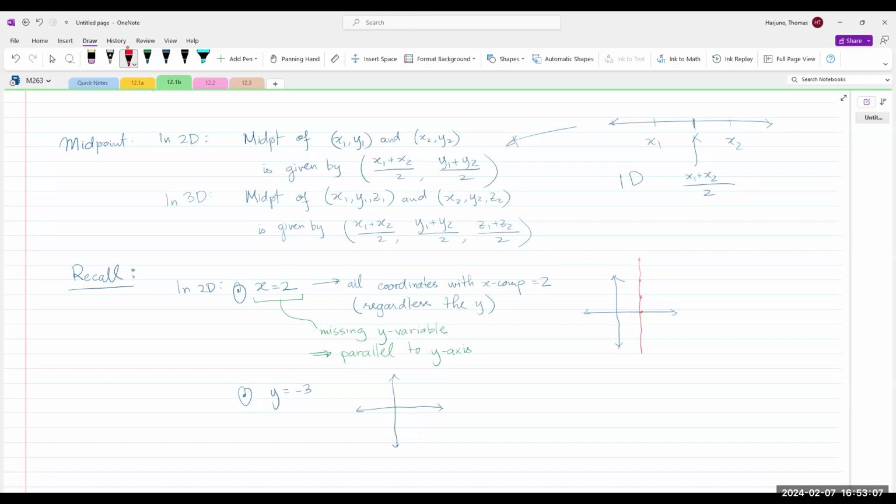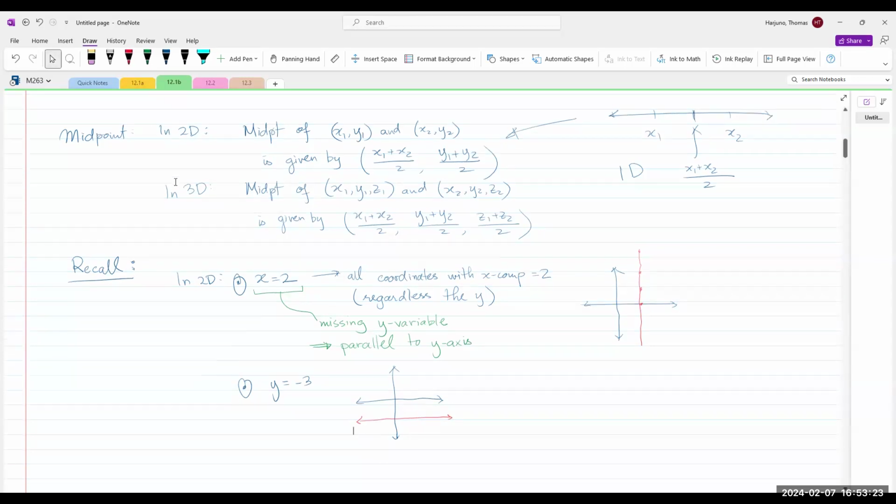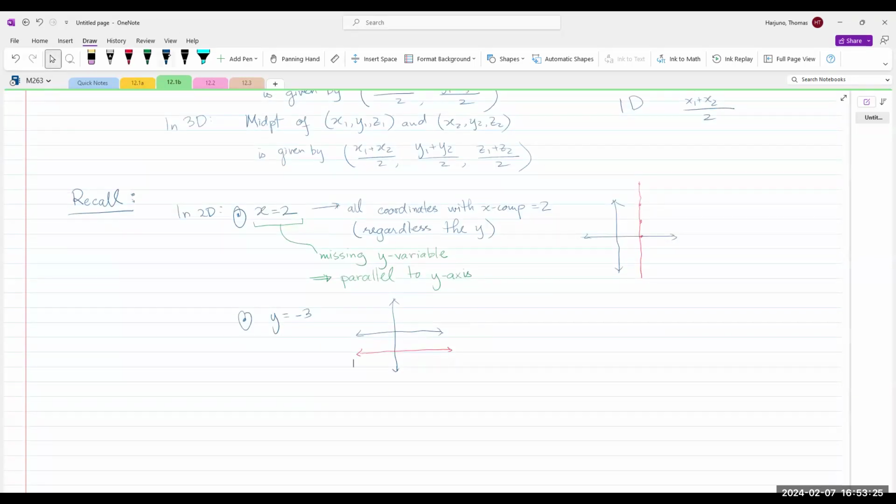Therefore, the graph will be parallel to the x-axis. Now, why do I mention this? Because if we extend this to 3 dimensions, we will notice the same behavior in 3 dimensions.